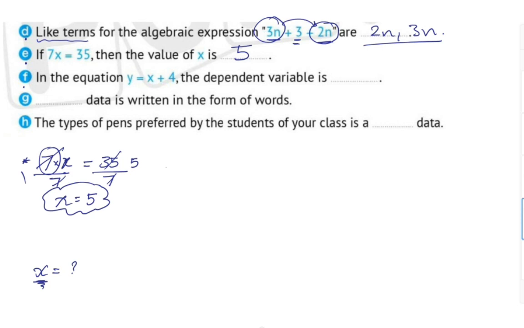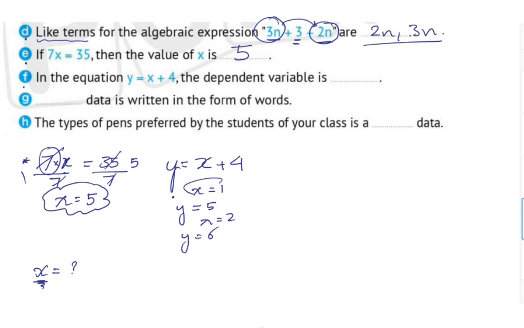Point F: in the equation y equals x plus 4, the dependent variable. Look here, you have some equations. Which one is independent and which one is dependent? The variable that is alone is the dependent one, because at x equals 1, y will equal 5, and at x equals 2, y equals 6.